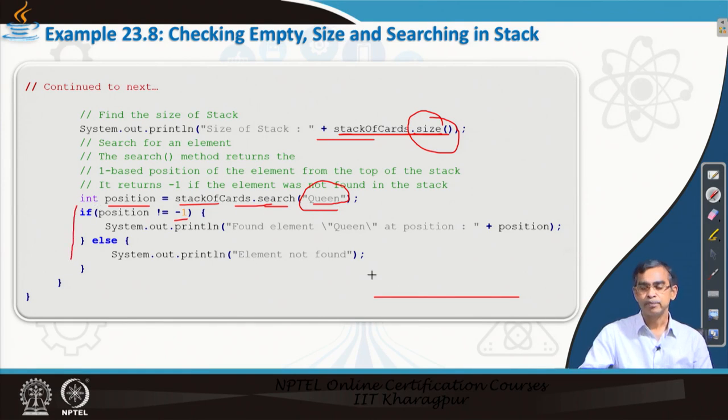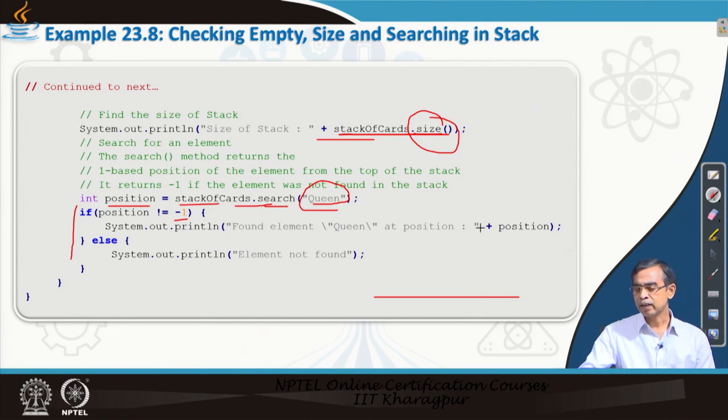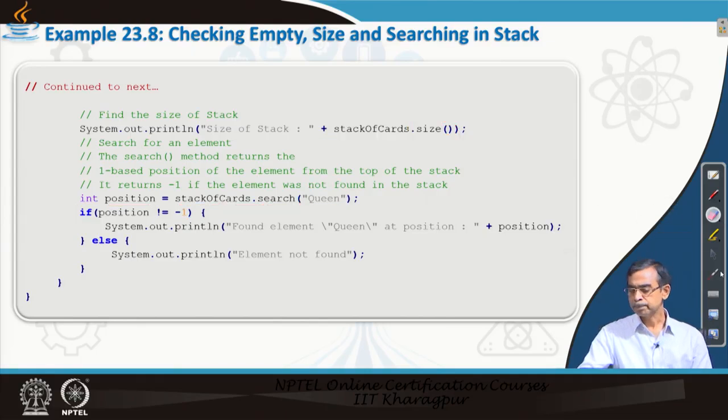So, this is the method by which the size of a stack at any moment can be understood, and a stack can be searched for an item to see whether it is present or not. These are pretty simple things, and you can have them readily available to be used in your program.